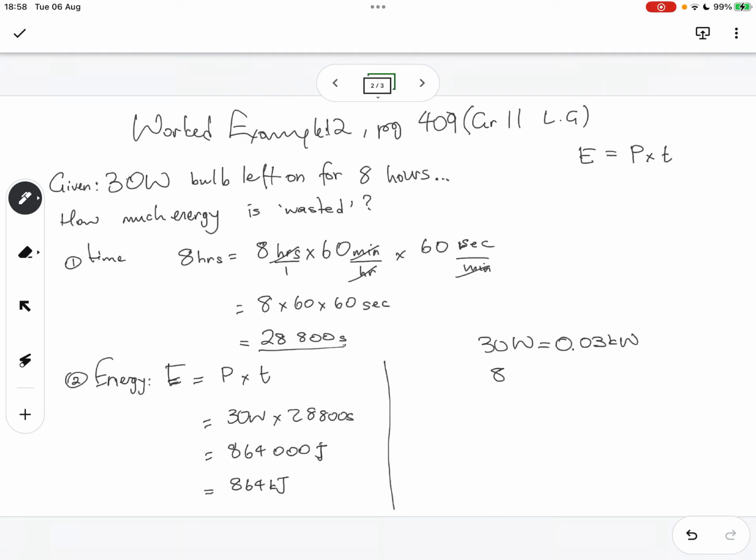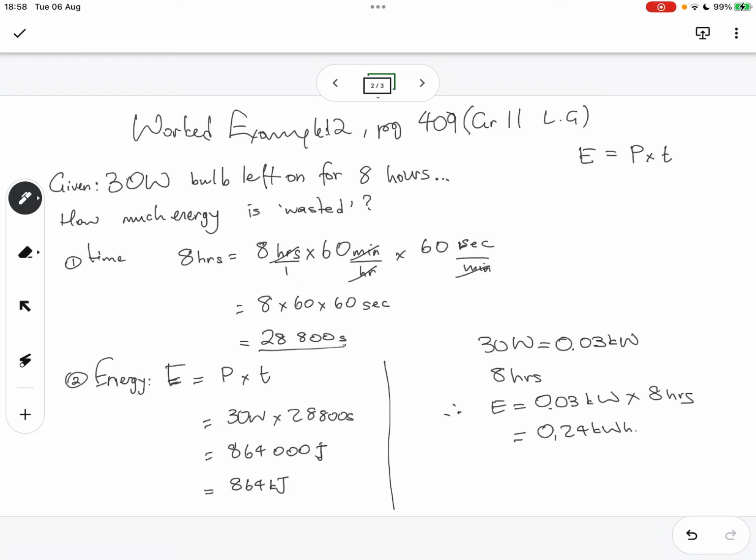And we've got 8 hours. Therefore, the bulb running for 8 hours at 0.03 kilowatt is 0.03 kilowatt times 8 hours, which is 8 times 0.03. That means it'll eat up a quarter of a unit.